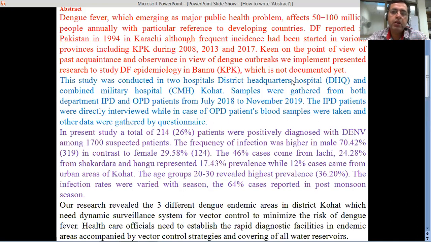And some people also couple it with their rationale of the study, which is documented here in this sentence, which is not documented yet. So this is the rationale of the study coupled with the background.